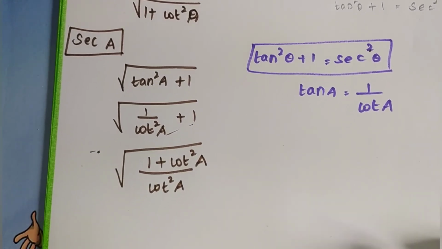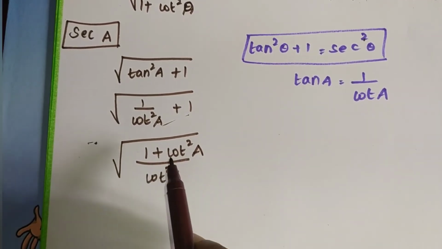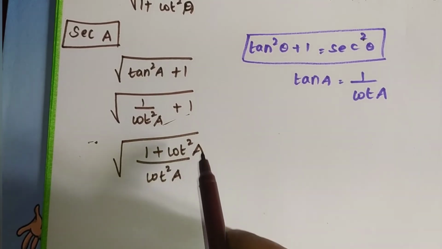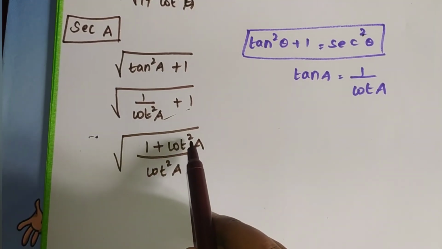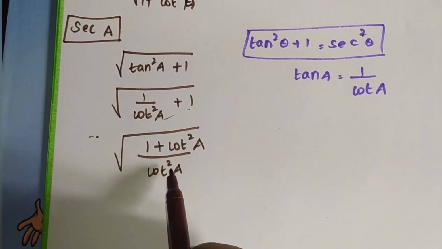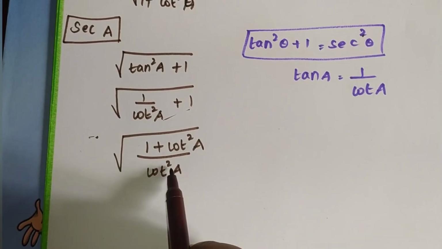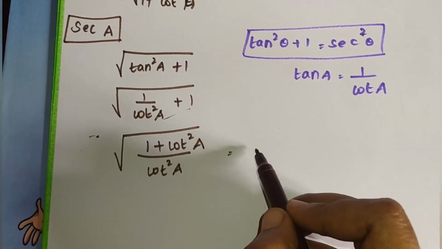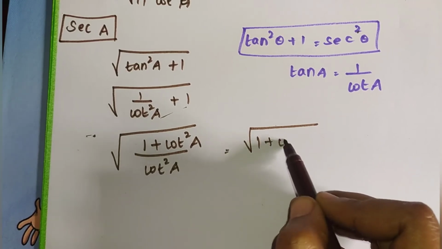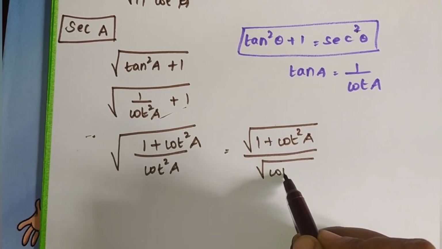Clear? And then here we have the square. Here we have 1 plus cot square A. We can't cancel this square and the square root in the numerator, but in the denominator we can cancel the root and the square. So first separate it like this and then cancel.